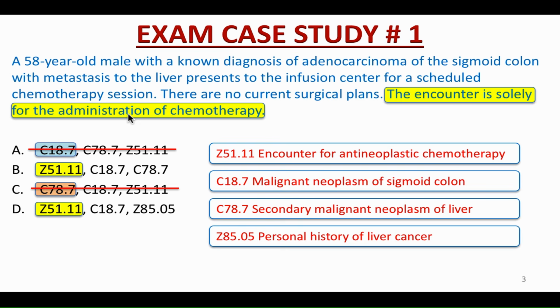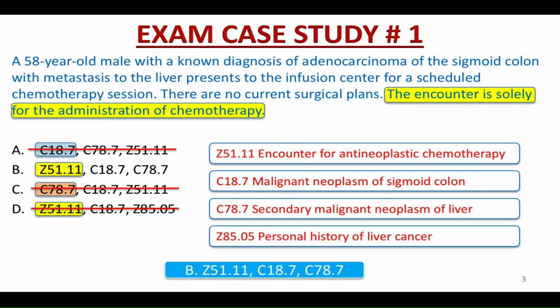And based on the case, both the sigmoid colon cancer and the liver metastasis are active. There has been no surgical removal, and the patient is still undergoing treatment. So the history code Z85.05 does not apply. That leaves only one correct answer, and that is B.